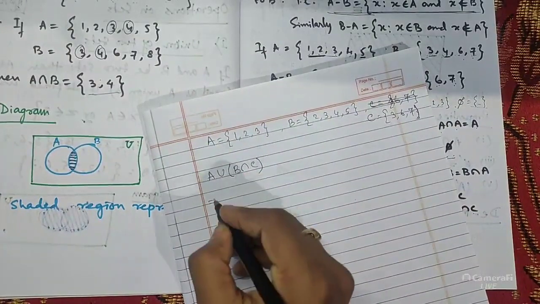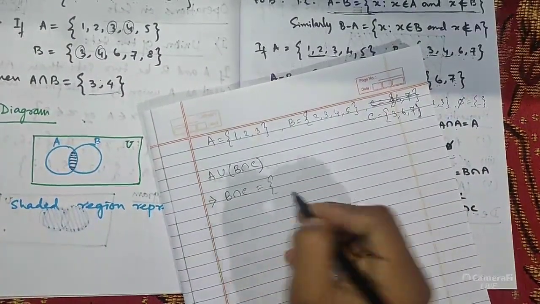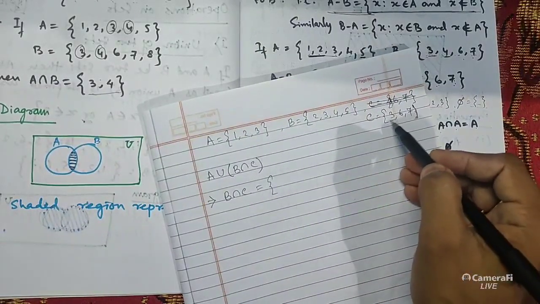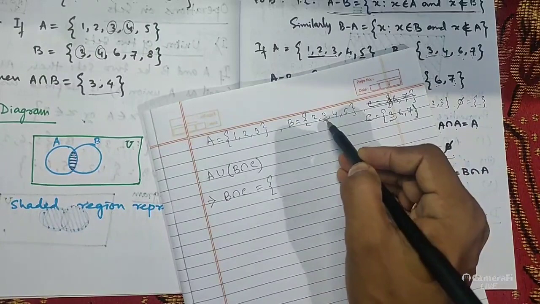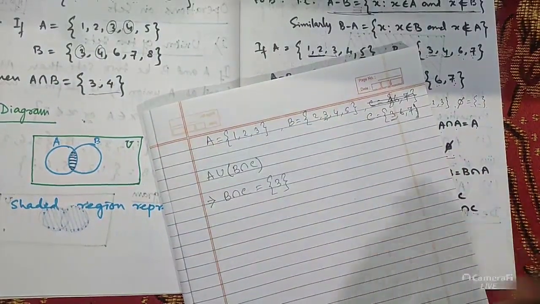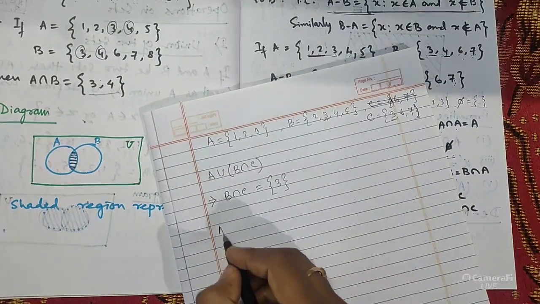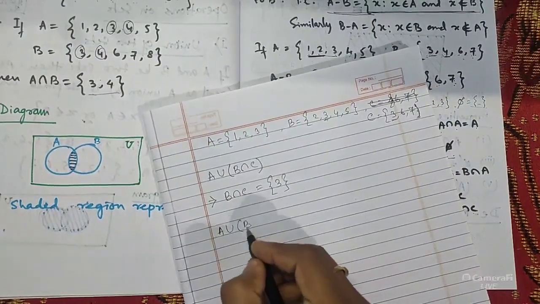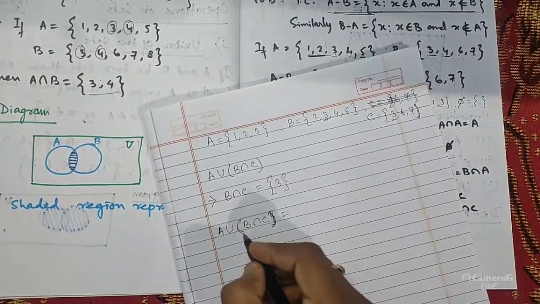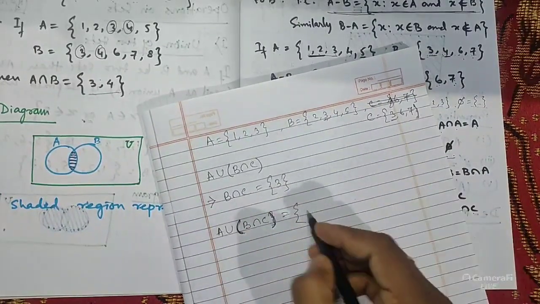So first I have to find B intersection C. What will be the value of B intersection C? Which one is the common element? 3. 3 is the common element. So B intersection C means only 3. And now we have to perform union with A. So therefore A union B intersection C is equal to 1, 2, 3.